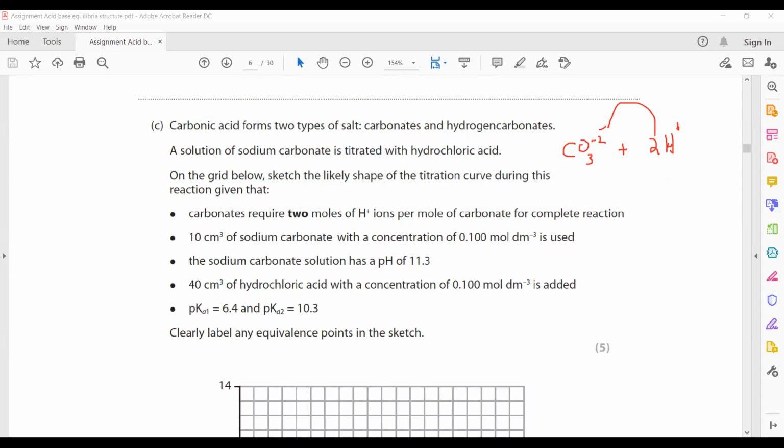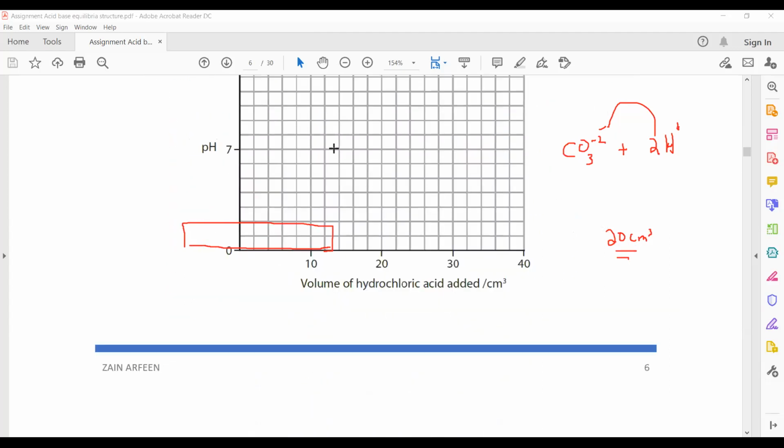What was the original volume of this sodium carbonate solution? 10 cm cube. So if I have 10 cm cube of sodium carbonate, how much hydrochloric acid should be there? It means the equivalence point will occur at 20 cm cube, so complete neutralization.